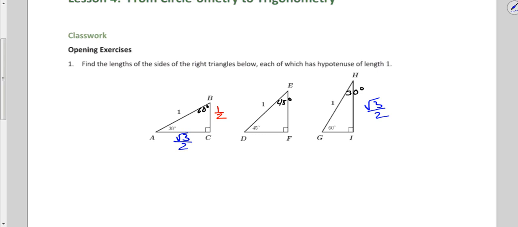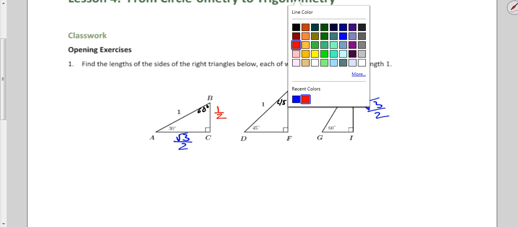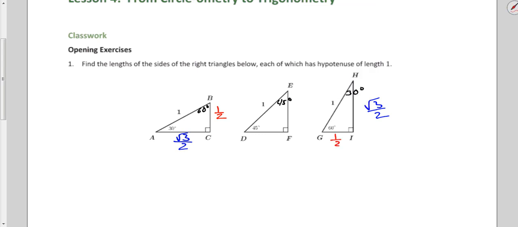That's a reflection. That's one transformation. What's another transformation? Rotation. And then, what's the one where you move it? That's a translation, right? So if this is 3/2, Sophie, what's this? 1/2. I'm going to do that in red. Okay.